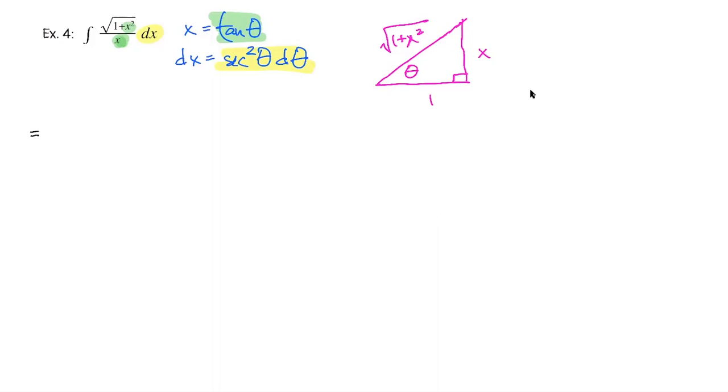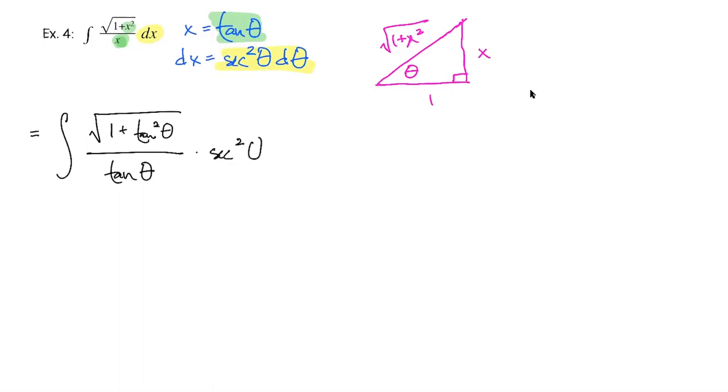So let's go ahead and substitute all the things in. So the square root of 1 plus tangent squared theta over tangent theta times secant squared theta d theta.